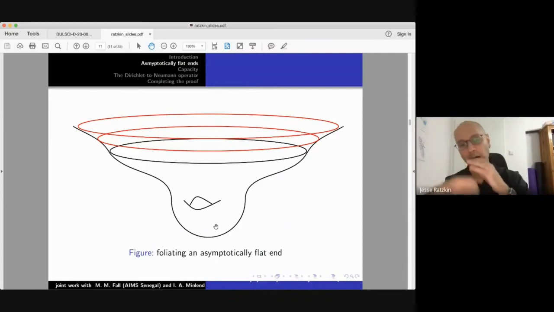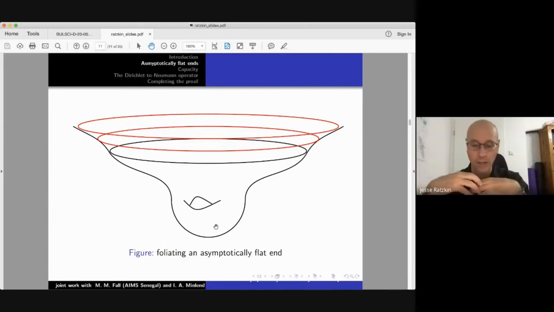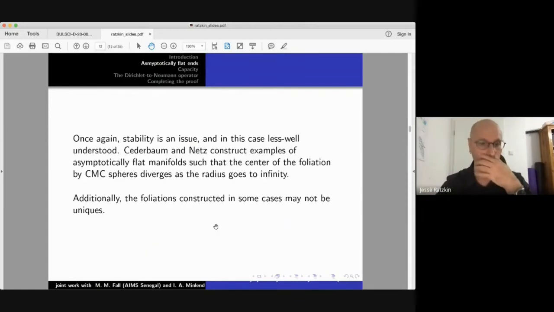Right. But one of the issues that people are discovering is that these notions of mass and a foliation of an end and so on, which depend on notions like volume and area, are very easy to destroy. They're very easy to make discontinuous under small perturbations.